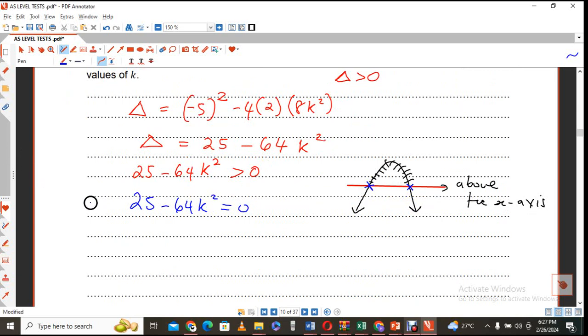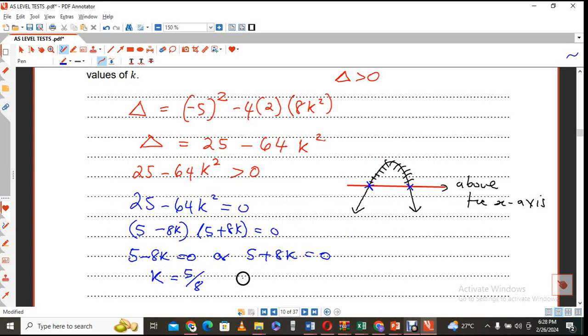This is the difference of two squares, so that's 5 minus 8k and 5 plus 8k equals 0. So 5 minus 8k equals naught, or 5 plus 8k equals naught. Therefore, k would be 5 over 8, or k would be -5 over 8.